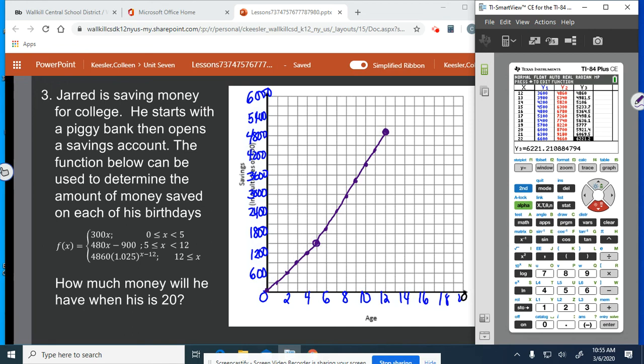For example, the 14 and 5,106 would be about here. Then the 16 is about 5,364. So like here, I feel like this one needs to go down a little bit.